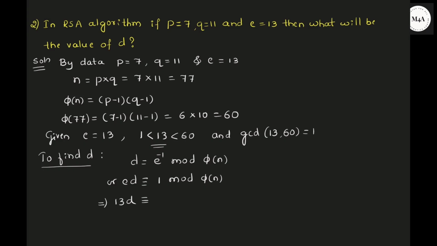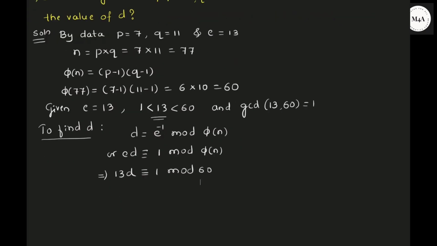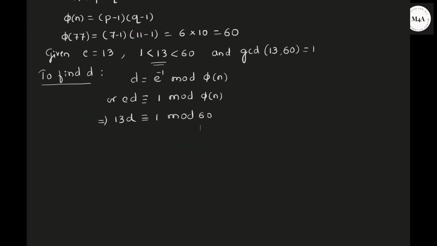So 13D is congruent to 1 mod phi of N. Phi of N is 60. Now you need to find such a D, the inverse of 13, so that whenever it is divided by 60, you get a remainder of 1.